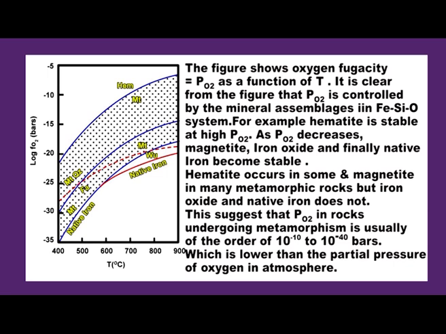Hematite occurs in some and magnetite in many metamorphic rocks, but iron oxide and native iron do not. This suggests that PO2 in rocks undergoing metamorphism is usually of the order of 10 to the power minus 10 to 10 to the power minus 40 bars, which is lower than the partial pressure of oxygen in the atmosphere.